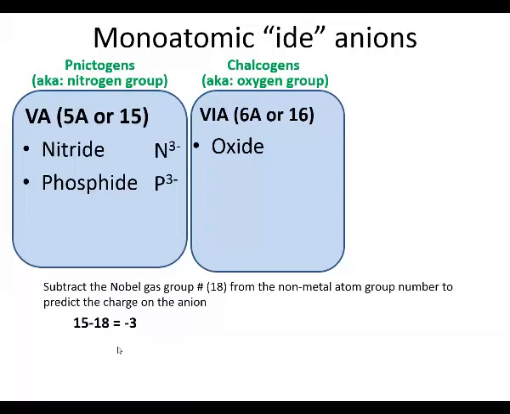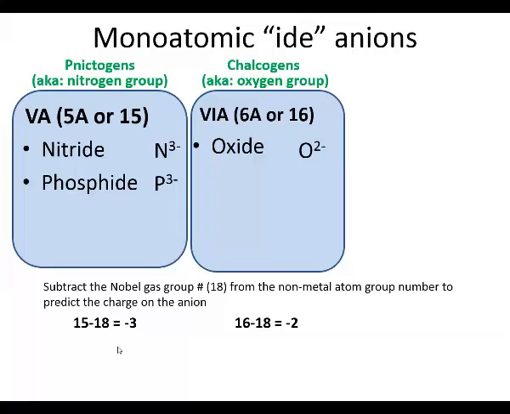Now, if we look over at the oxygen group, group 6A or column 16, we can do the same thing with our noble gas group number of 18. If I subtract it from 16, I get a difference of -2, meaning I need to gain 2 electrons to form my oxide. So in order to gain those 2 electrons, we end up with a -2 charge to indicate the extra electrons that the oxygen atom would have as it forms the anion.